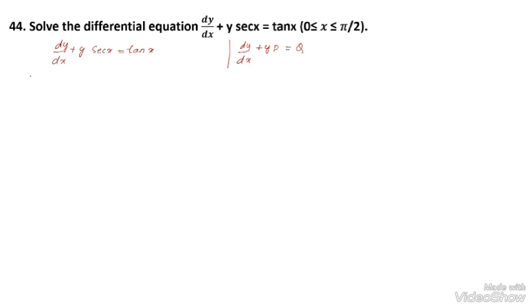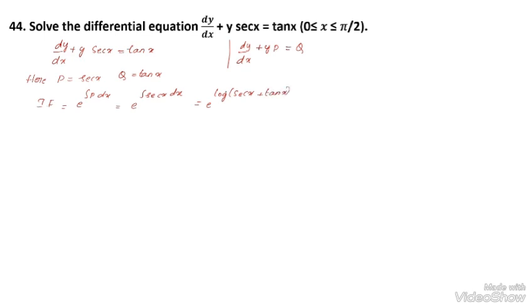Now here p is equal to sec x and q is equal to tan x. Now directly I am going to find the integrating factor, that is e to the power integral of p dx. Here the integral of sec x dx. Now integration of sec x will be log of sec x plus tan x.